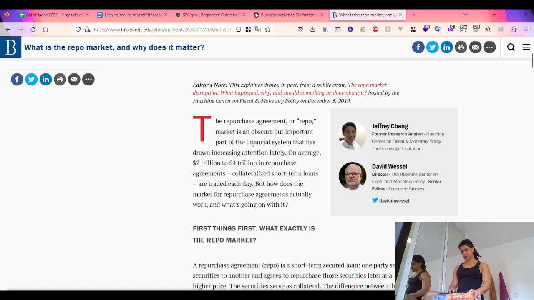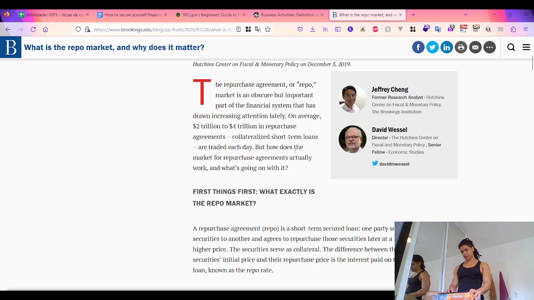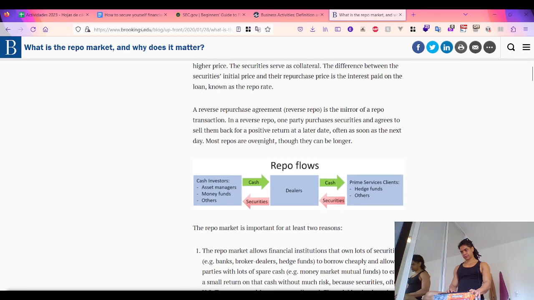On average, 2 trillion to 4 trillion in repurchase agreement collateralized short-term loans are traded each day. But how does the market for repurchase agreements actually work? So in the repo flow, cash investors, asset managers, money funds, and others get securities from dealers, and the dealers offer this cash to prime services clients, hedge funds, and others.